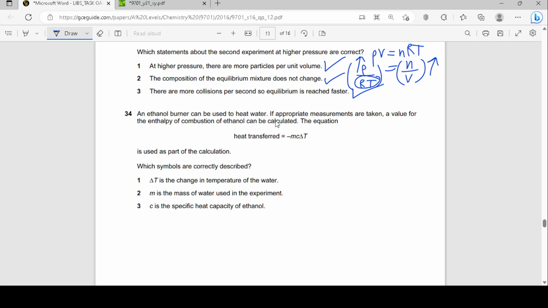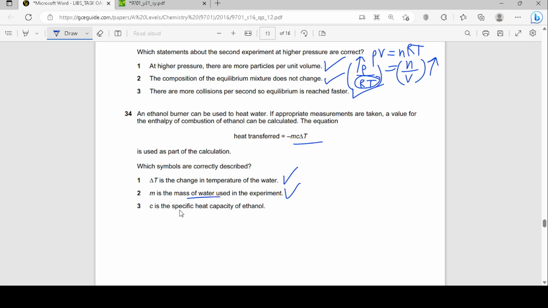Okay, an ethanol burner can be used to heat water. If appropriate measurements are taken, a value for the enthalpy change of combustion of ethanol can be calculated. The equation heat transfer equals minus mc delta T is used as part of the calculation. Which symbols are correctly described? Delta T is the change in temperature of the water. That's right. m is the mass of water used in the experiment.